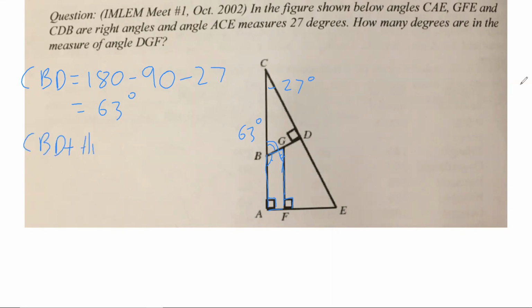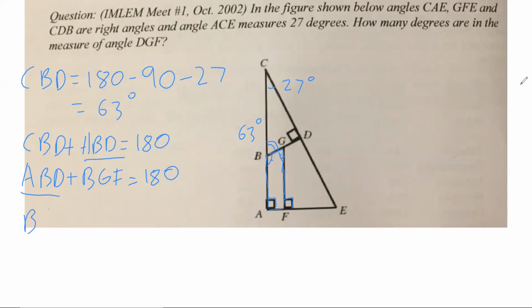plus ABD is equal to 180, and ABD plus BGF is also equal to 180, then we can do a little substitution here since both of these equations have ABD. And we can find that BGF is equal to 63 degrees.